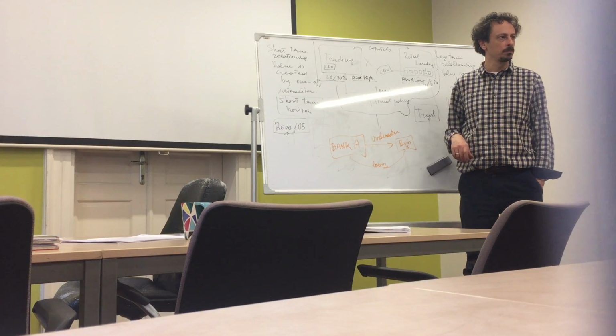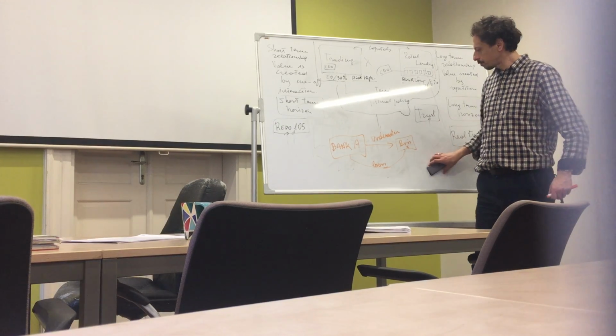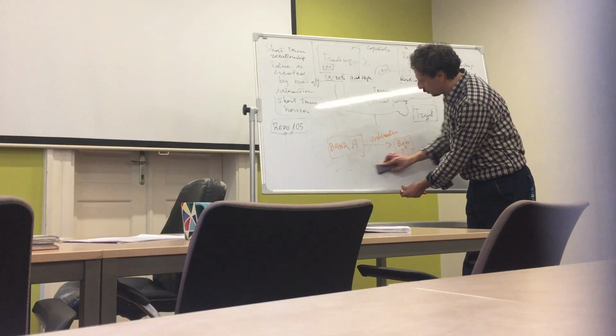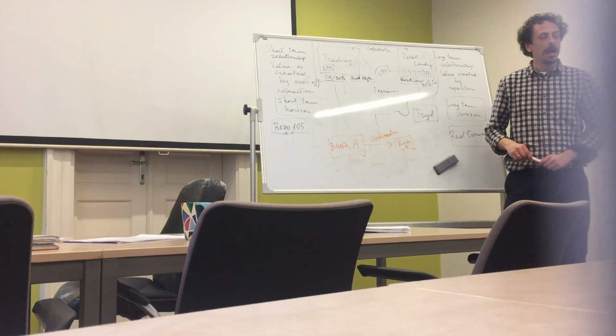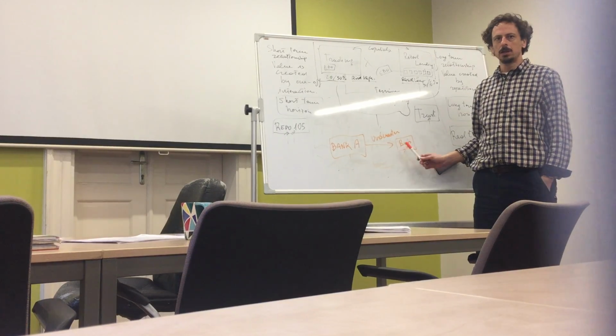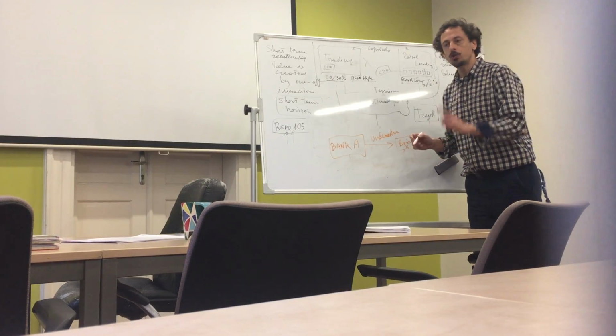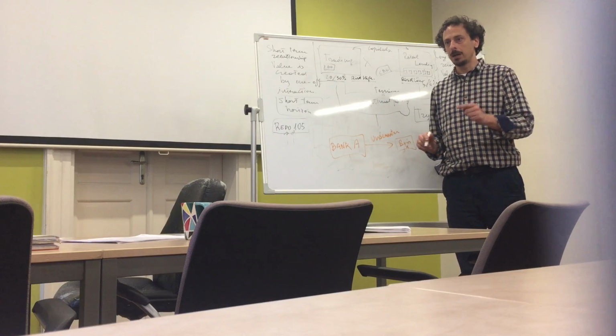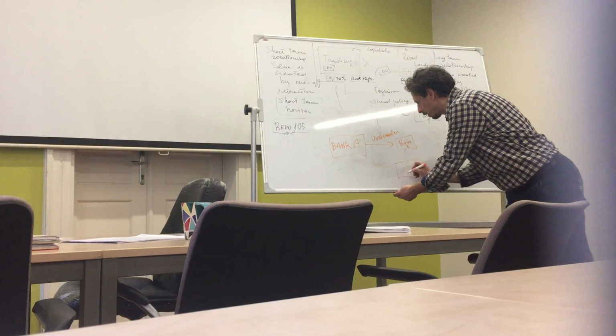What do we do? Well, it's enough to have this situation. I have a bank A who is underwriting the business X, but there should, by regulation, be a bank B loaning.